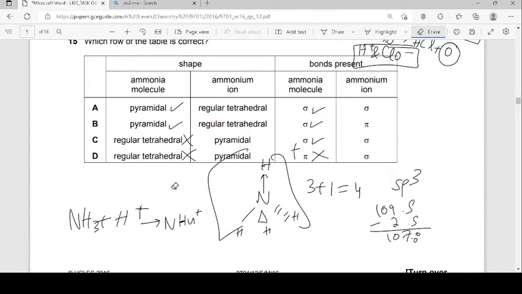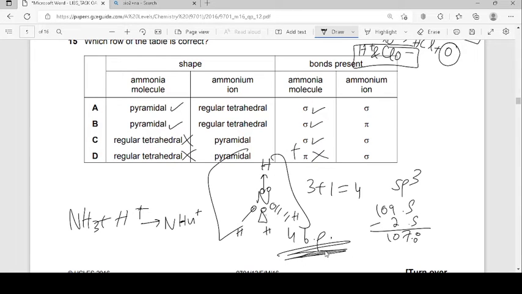And since H+ has no electrons, you're donating 2 electrons to it, and you get a dative covalent bond. So now you have 1, 2, 3, 4 bond pairs, right?